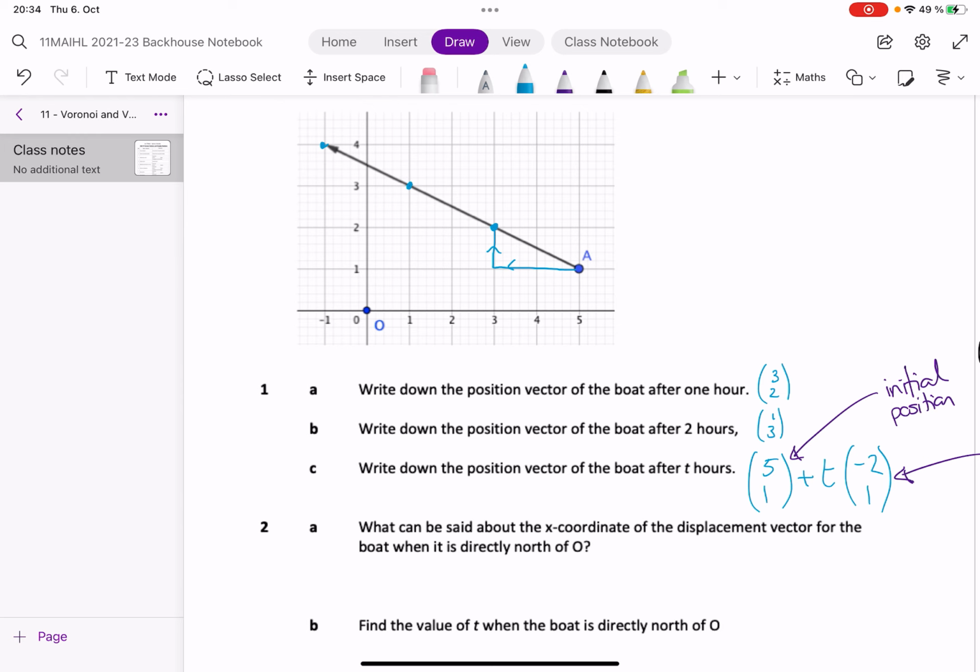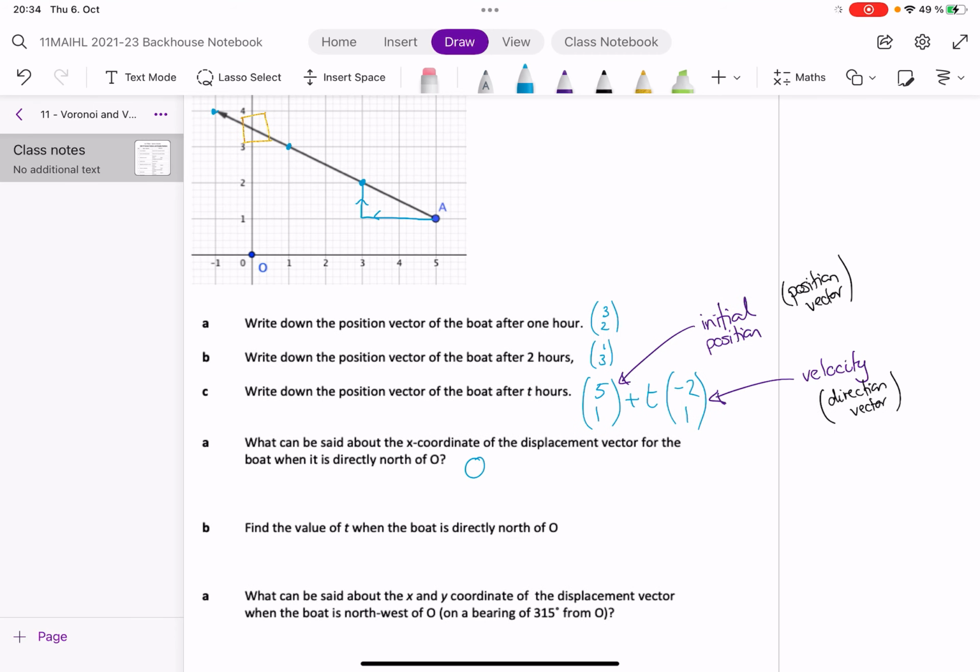Okay, what can be said about the x-coordinates of the displacement vector for the boat when it is directly north of O? Okay, so when it's directly north of the port, we are on the y-axis, and of course the x-coordinate equals 0. So if we know that, well, we can take our answer to 1c, the position vector of the boat.